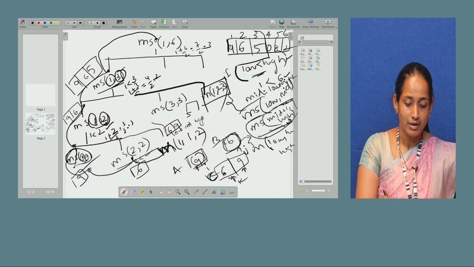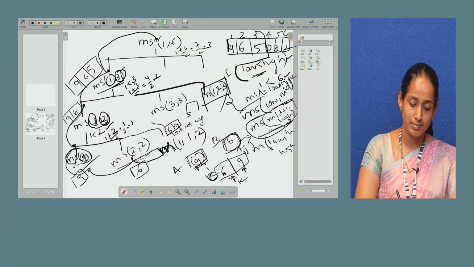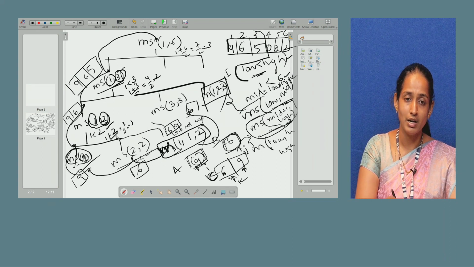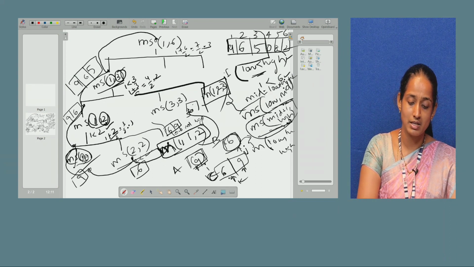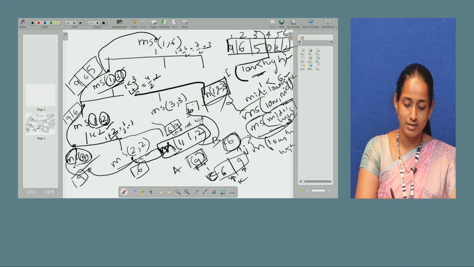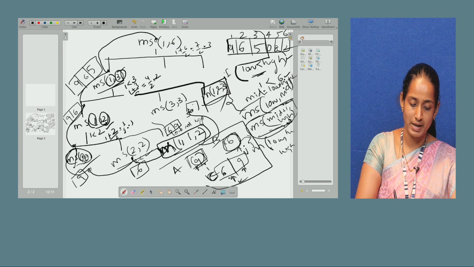So we got a sublist by merging M of 1 comma 1 comma 2, that is a 2 element list, and we will backtrack here and we have an element 5 here. These two sublists are given to the merge algorithm for performing the combine operation. The process will continue in the same way I explained here.